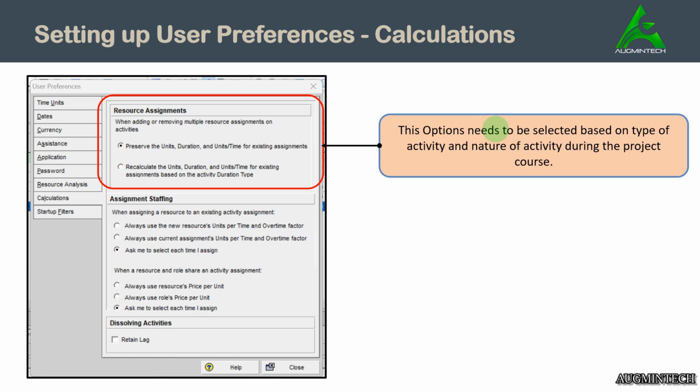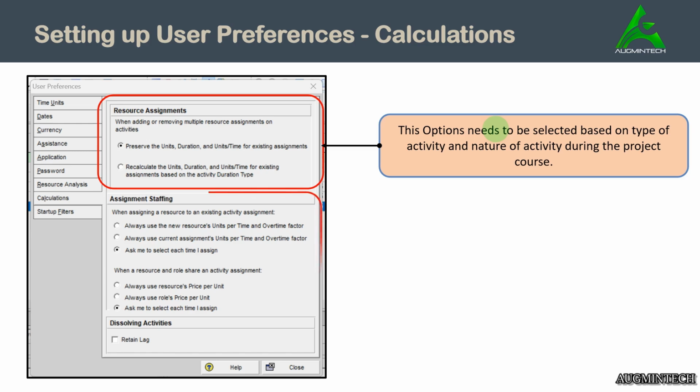It should not be that the units go blank and we have to give input again every time. The selected option here is recommended for better calculation and resource assignment, so that we know how many units are left in that activity and how much should be distributed or assigned.